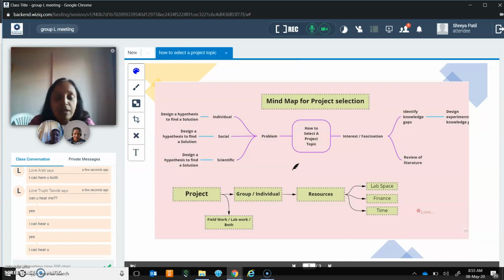Right. Yes, I agree to this. I will add this in the map. Yes. Okay. Thank you.